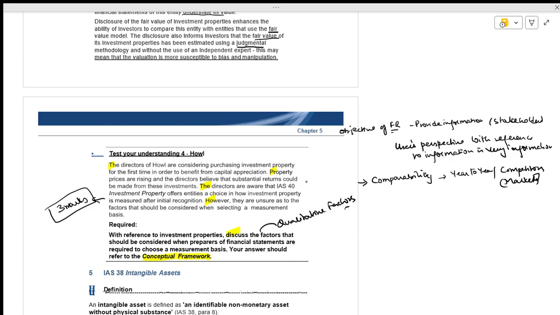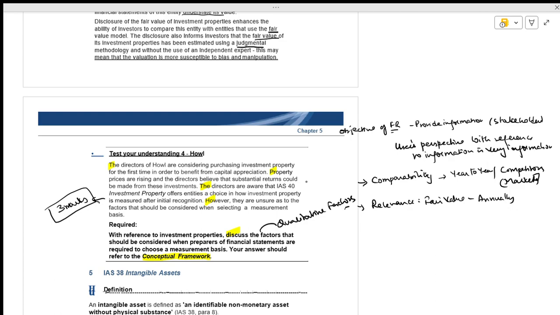The first thing is there should be relevance. That's the most important thing: it should be relevant. It has to be relevant with the fair value over time. When you are talking about fair value, what is the condition of fair value?